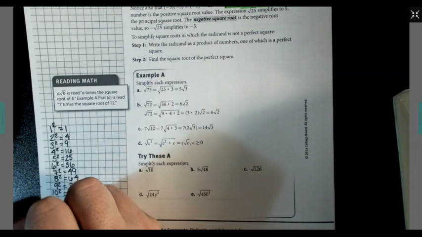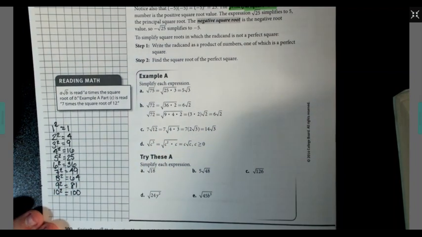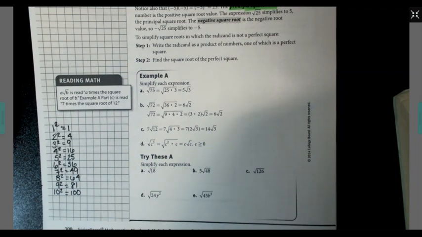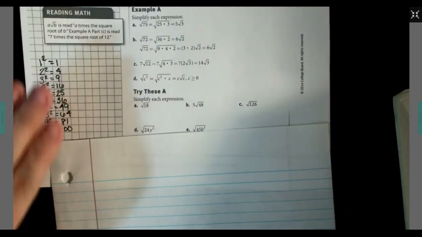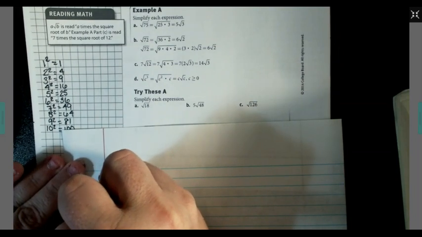And 10 squared is 100. We'll stop there for right now. Okay, I'm going to write these on another piece of paper so that we have some room. And we're going to take a look at these.